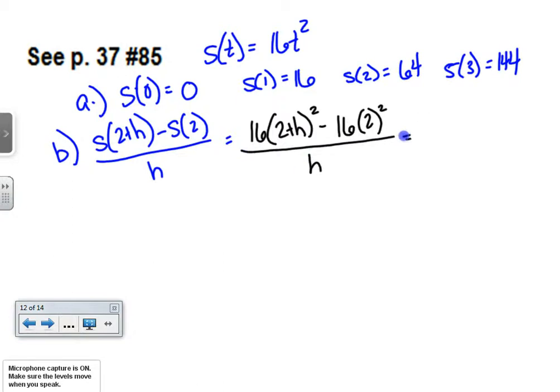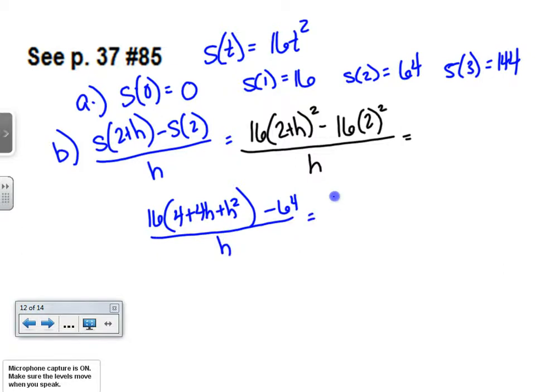Now, much more simple because the function is less elaborate. I'm running out of room, so 16 is going to stay in front while I FOIL this out. Good thing you guys can FOIL well. 16 times 4 we decided was a 64, all over h. 64 plus 64h plus 16h squared.